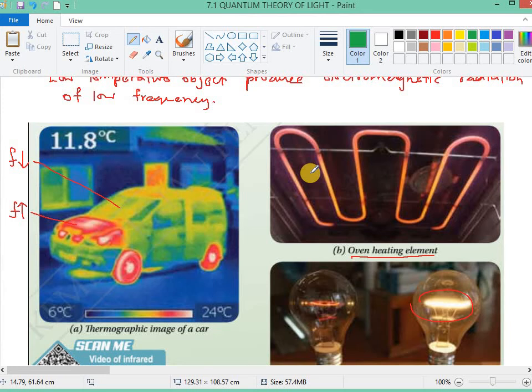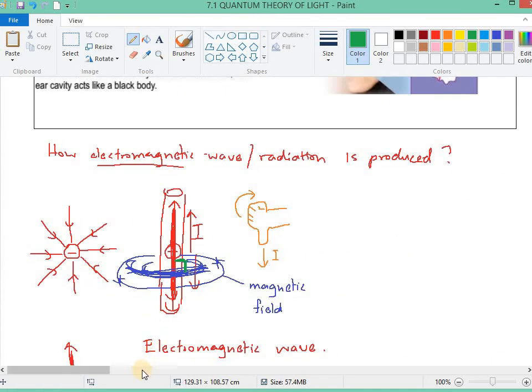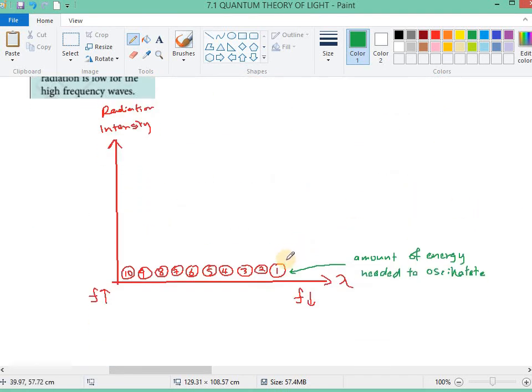This means that different particles oscillate at different frequency, right? Some particles oscillate at very high frequency. Some particles oscillate at low frequency. So particles that oscillate at low frequency will produce electromagnetic wave at a lower frequency.